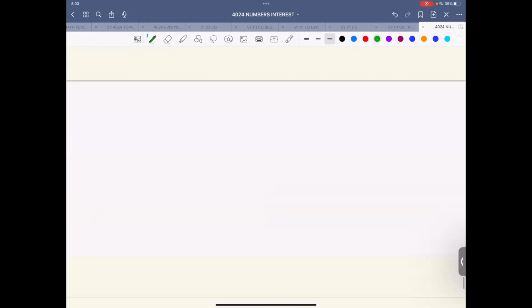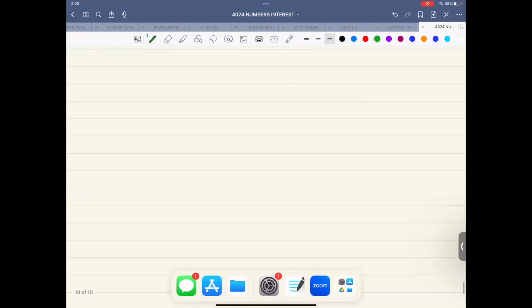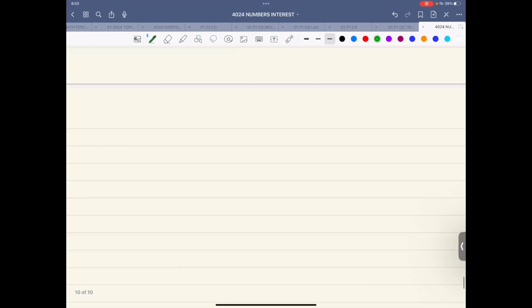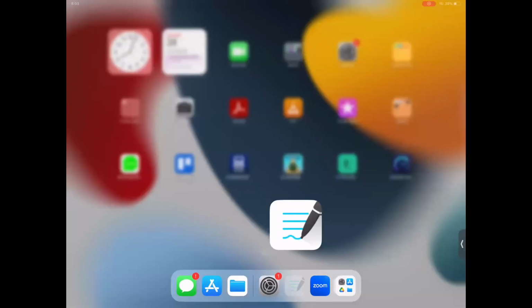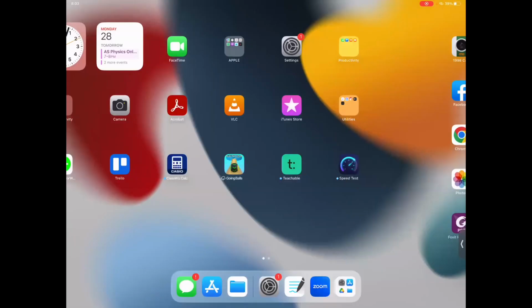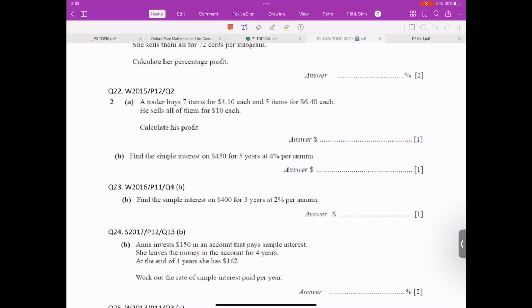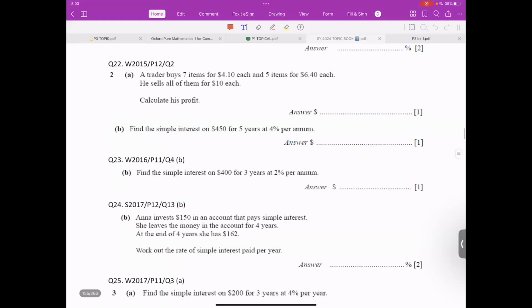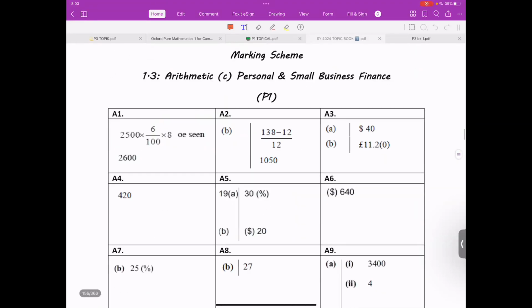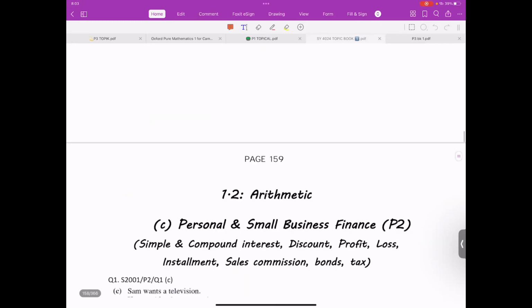Now let's try out some questions that involve the concept of compound interest. So let me grab something from here. And let's look at this exercise.